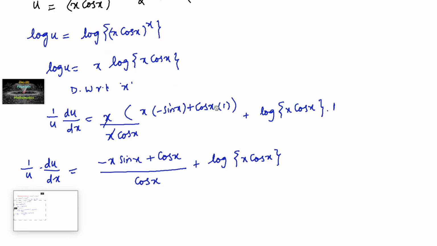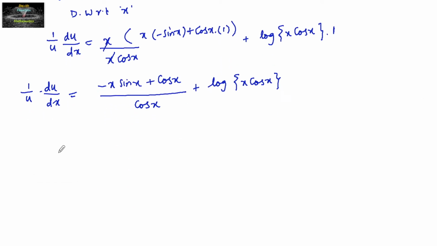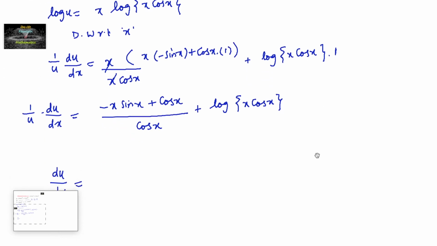Or also you can write du by dx is equal to u times, u is nothing but (x cos x) to the power of x.